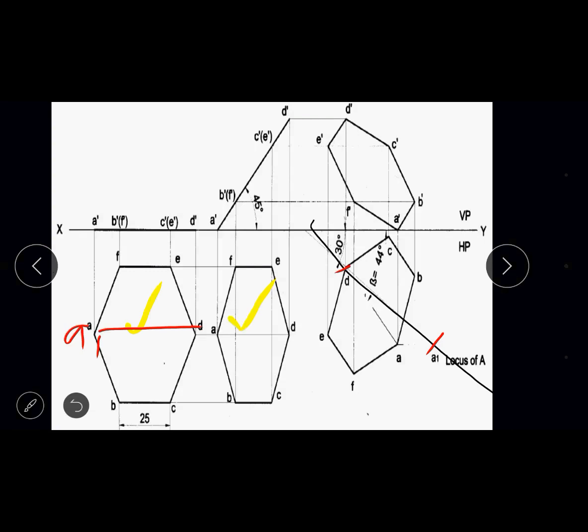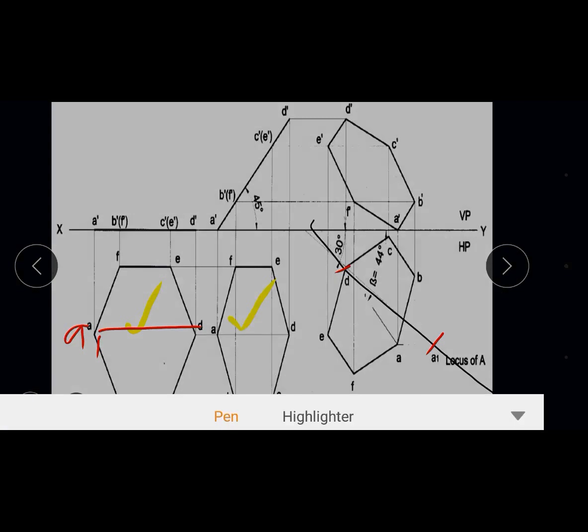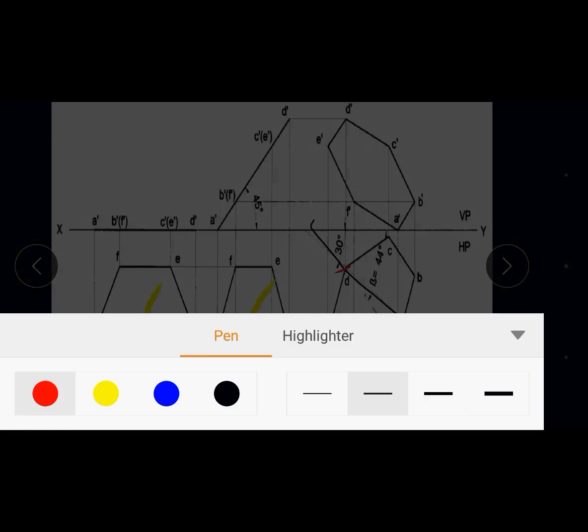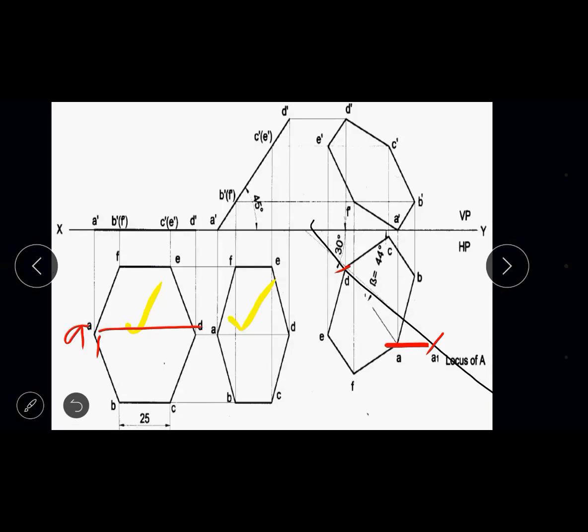At the point A1, a locus line is constructed. At the point of intersection of A1 on the 30-degree line, a horizontal line is constructed, which is called the locus of A. On that locus line, the next step is to measure the median of the irregular shape lamina.